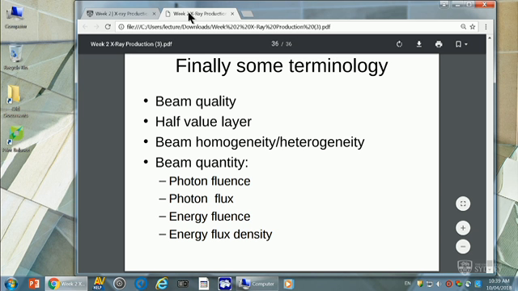Photon flux is the number of X-rays per unit area over time. Energy fluence is the amount of energy per unit area. Energy flux, or energy flux density, is the amount of energy per unit area over time.